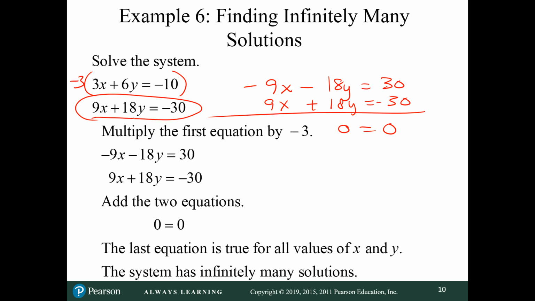Just off the top of my head, I'm going to solve for y. And then I'll find my numbers. So 18y equals negative 30 minus 9x. If I divide by 18, y equals, divide by 6, negative 5/3 minus 1/2 x.